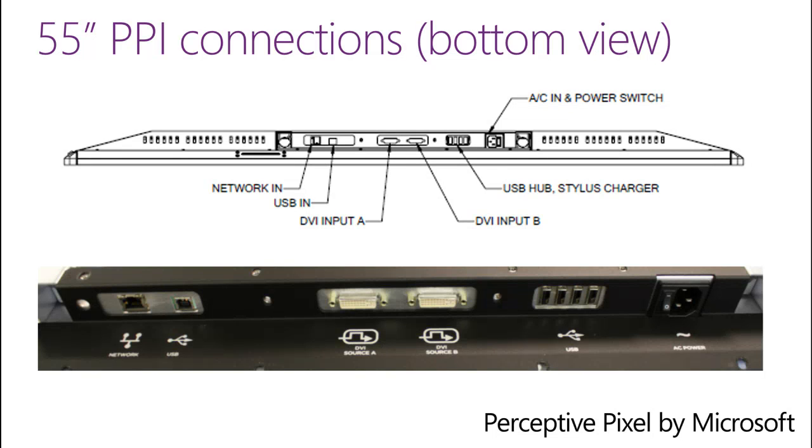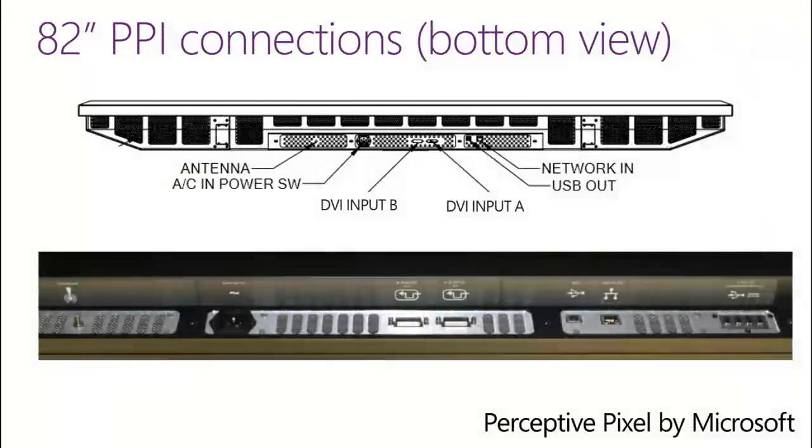Great question. I will request. Same thing with the 82. DVI is the input, basically the same thing. There is an antenna for the 82 that goes with the stylus. The styluses actually have their own unique ID.